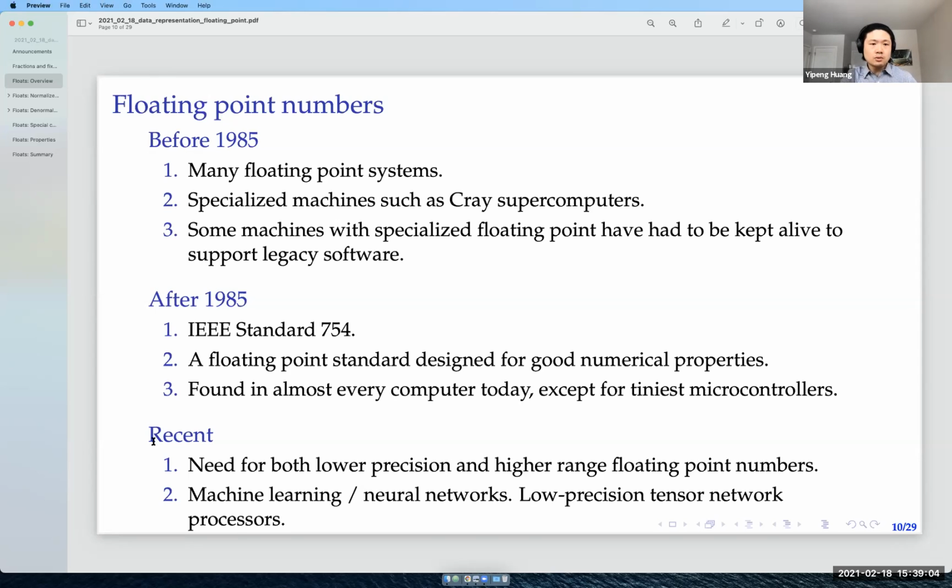And in terms of more recent history, we're starting to realize that there are a lot of situations where even the floating point standard that was built in 1985 is starting to not really match with some of the needs that we have right now. So those needs could be, for example, that we want to be able to do fairly approximate calculations, right? So in things like machine learning and neural networks, you don't actually need the really precise calculations that floating point numbers offer.